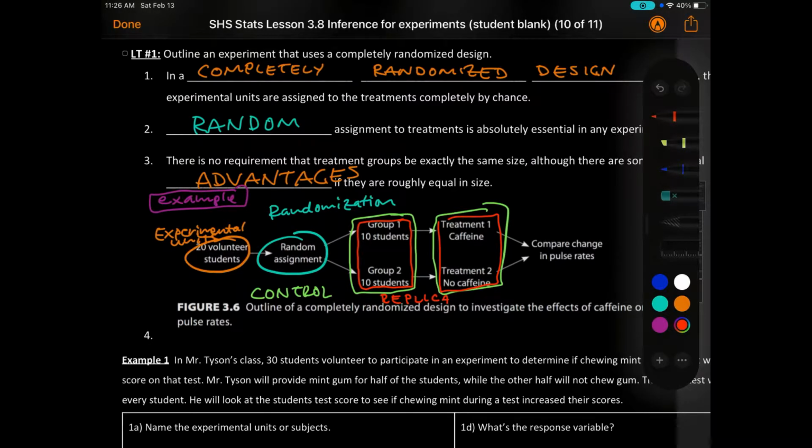Because if you have the same amount of caffeine and no caffeine, and then you do 10 students in one group, 10 students in the other, someone else can replicate or redo your experiment. And then over here, we have a comparison.